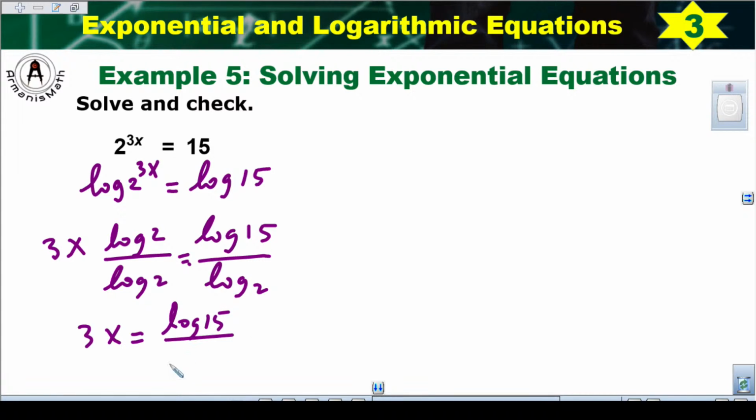Somebody punch in the numbers and let us know what you got. Kelly says log of 15 is 1.176.